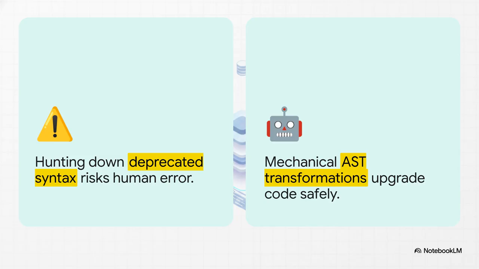Manual code review means spending hours hunting down deprecated PHP syntax, risking human error, and inevitably missing weird edge cases. On the flip side, relying on Rector XOOPS automation uses mechanical abstract syntax tree, or AST, transformations. It actually parses the underlying structure of your code and upgrades it directly to PHP 8.2+ standards. It's not just faster, it is infinitely safer.